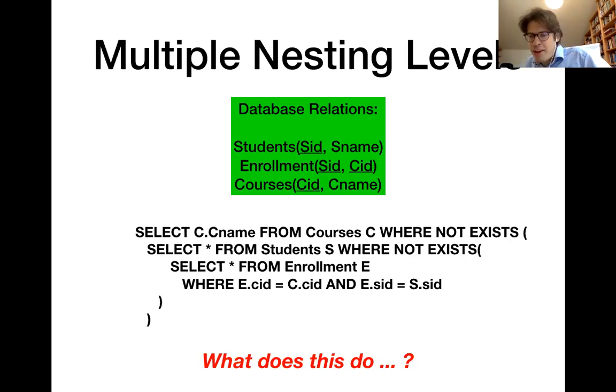Find courses with at least one student enrolled. Okay, that is all right. This is the right direction here. Okay, I'm going to give it a second because I think it's a nice example and makes sense to think about it for a few seconds.